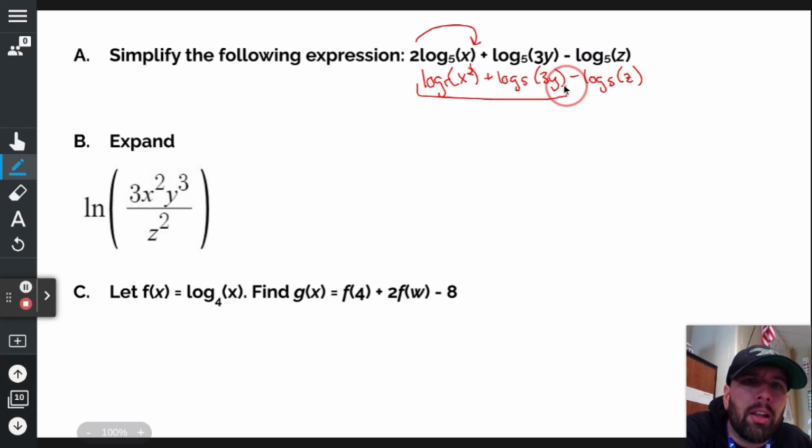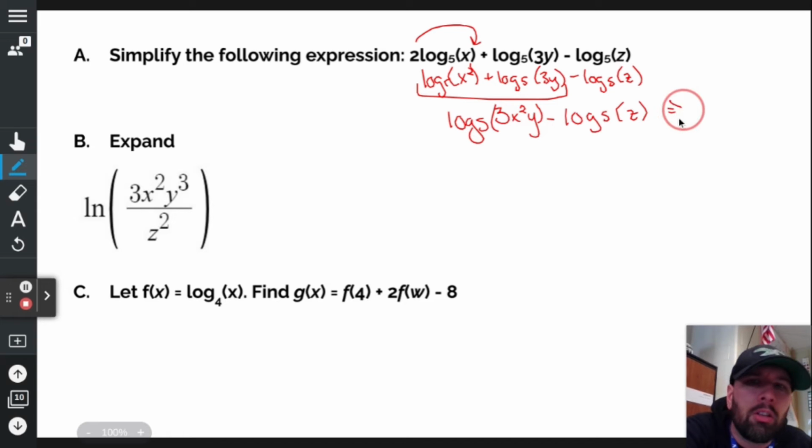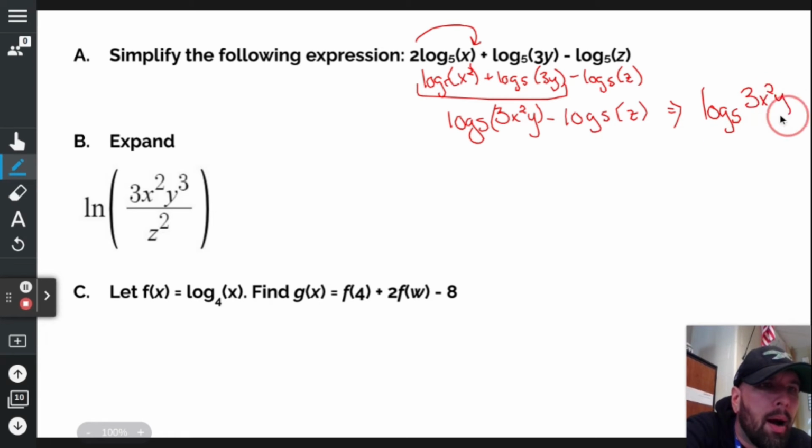These two are being added, so I'm going to multiply the insides. Log base 5 of 3x squared y minus log base 5 of z. Well, that is subtracting, so I'm going to divide the insides. So I'm going to end up with log base 5 of 3x squared y over z.